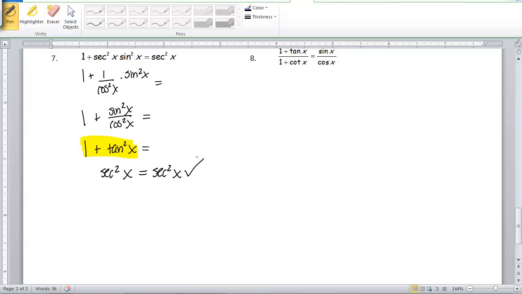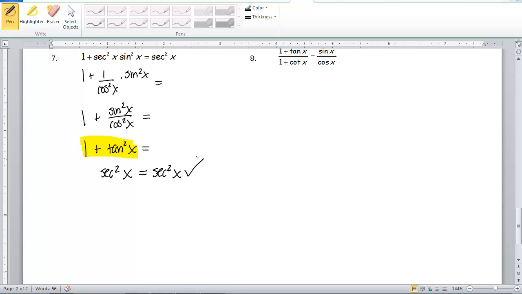Please now take a look at number 8 and decide what you might want to do. In number 8, because I see the 1 plus in a denominator, I might be thinking about using the conjugate.